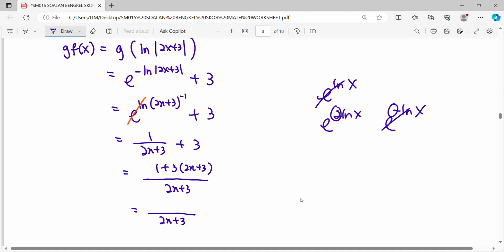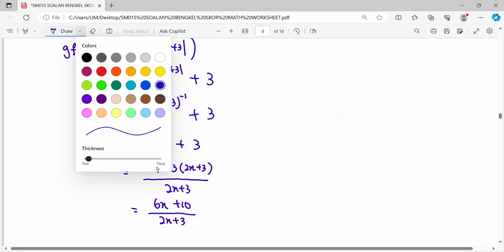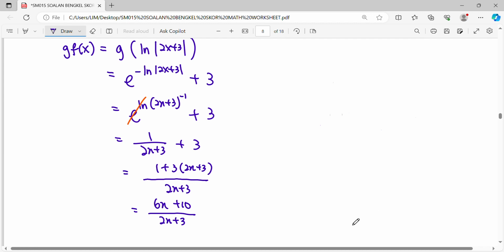So simplify this, 6x, 3 times 3, 9, plus 1, 10. So just remember, when you want to cancel your e and ln, make sure the coefficient is cleared. Pull it back. Use the properties of the log. Pull it back. It will be the power.